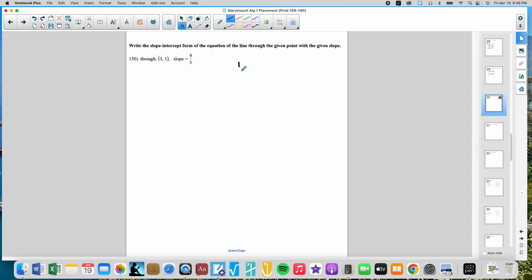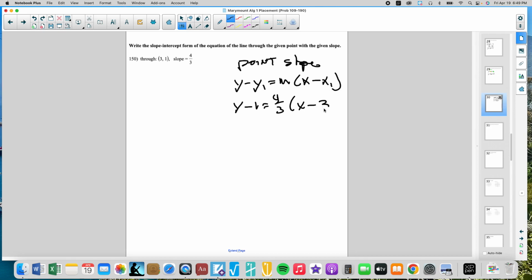We could put it in point-slope form. Not a lot of students know what point-slope form looks like. y minus y sub 1 equals m times quantity x minus x sub 1. y minus the y value, which is 1, equals the slope, which is 4/3, times x minus the x value, which is 3.